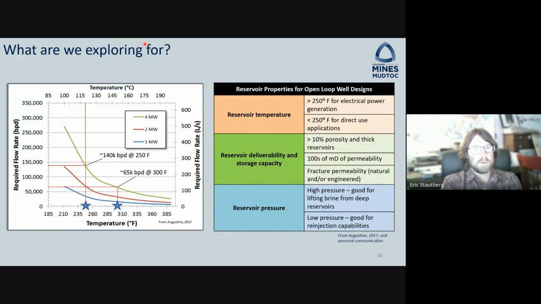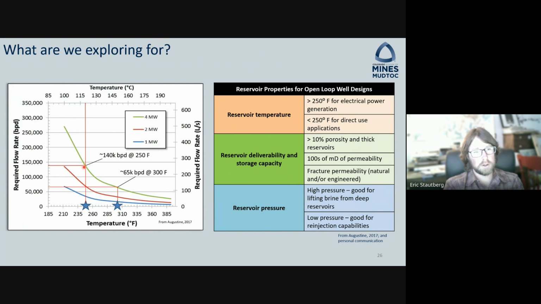And so what are we exploring for? This is a graph from Augustine 2017, which I think does a good job of providing a high-level overview of what we actually need to make electricity from hot brine in sedimentary basins. So I have temperature here in Fahrenheit on the x-axis and flow rate in barrels per day on the y-axis.